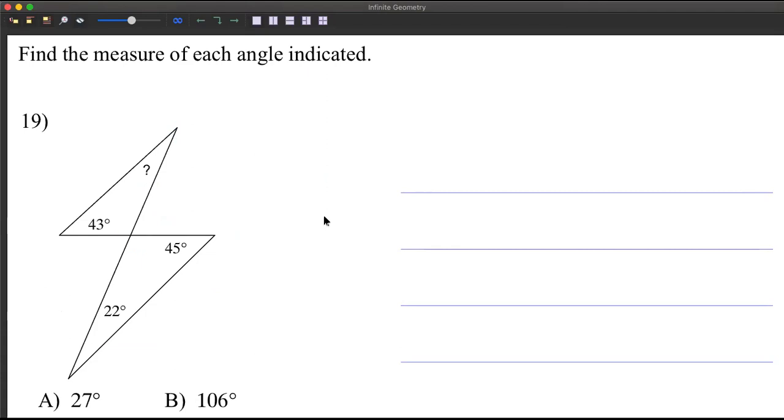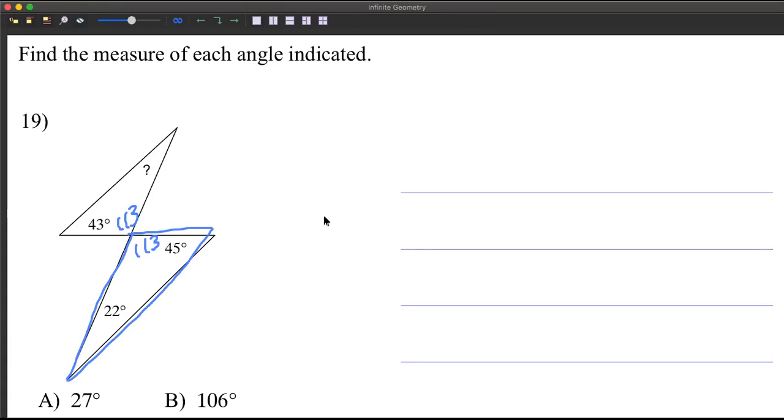So what's so cool about this one is I can look at this triangle and find that missing angle, no problem. So let's do 180 minus 22 minus 45, and that means this angle is 113 right there. Well, if that angle is 113, then this angle is 113 because they're vertical.